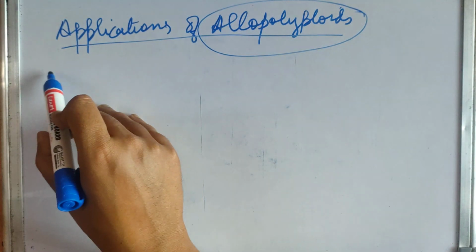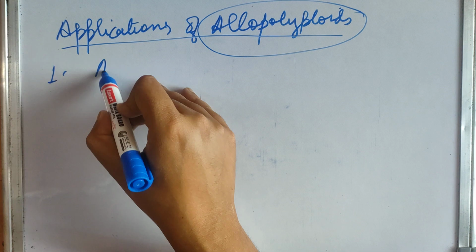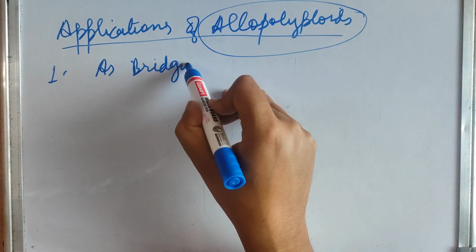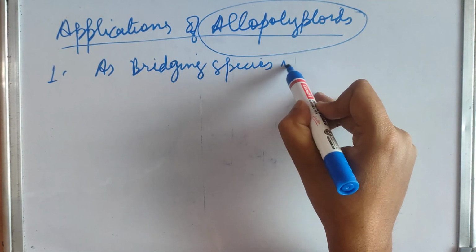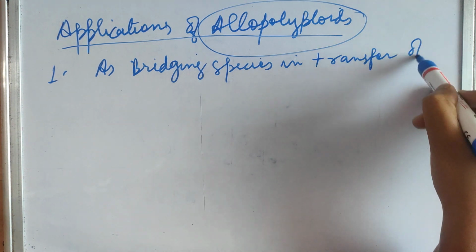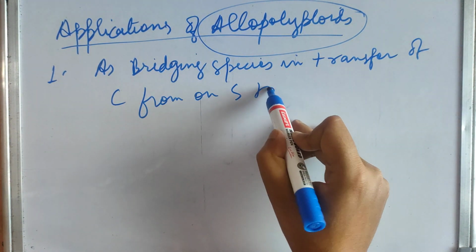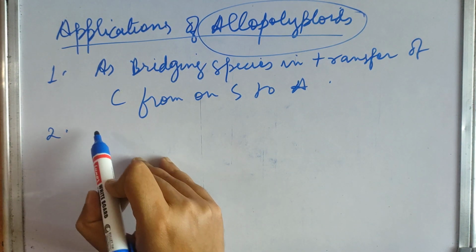This is a type of polyploid. So it acts as a bridging species in transfer of characters from one species to another. It helps in production of new crops.